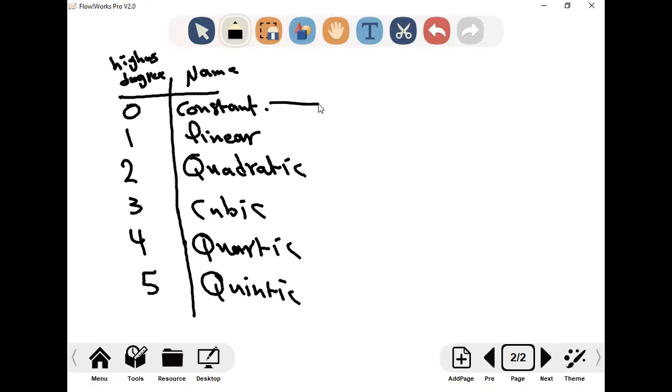Now, for example 1, the constant or 0 degree, like f of x equal 5, no x. Here, what we say, the degree of the function is what? 0. A function with degree 0 means this function equal a number only. But linear, like f of x equal 5x plus 7.